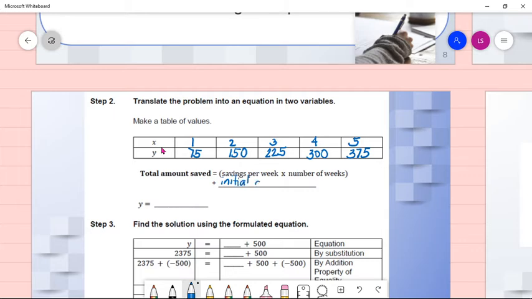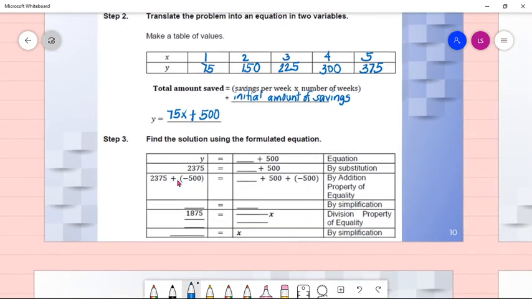When we translate this into an equation, y is equal to 75x plus her initial amount which is 500. Okay, next.